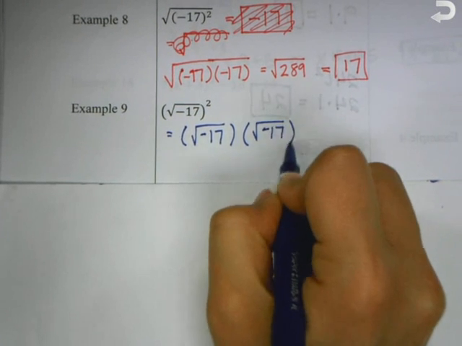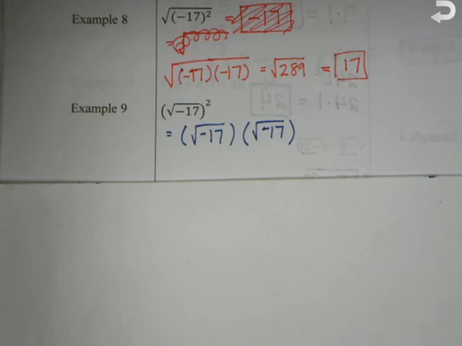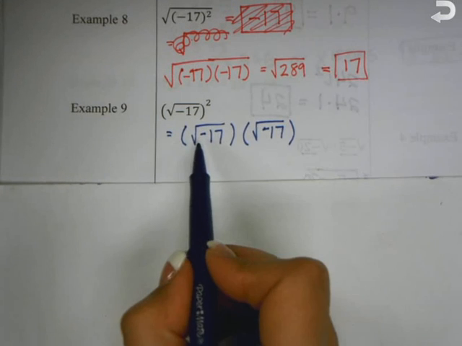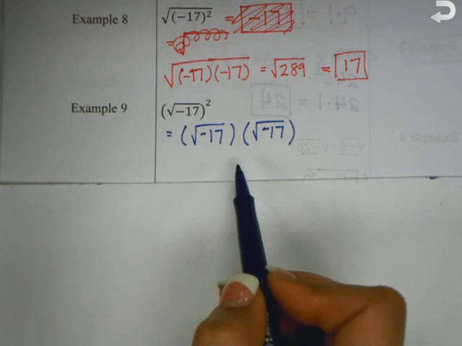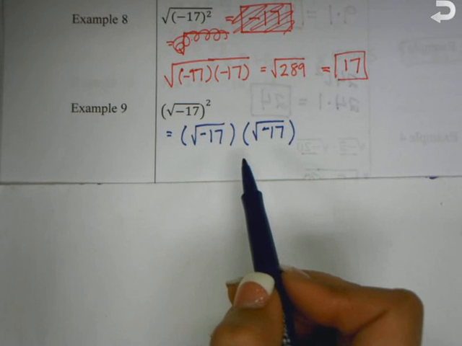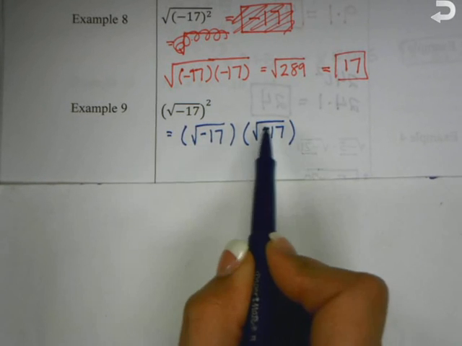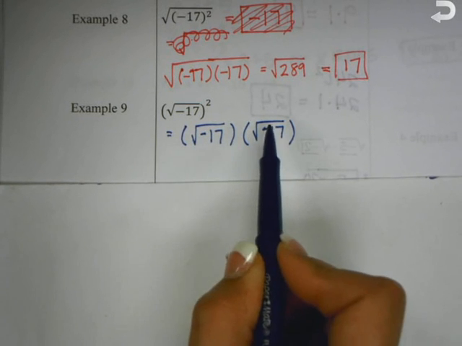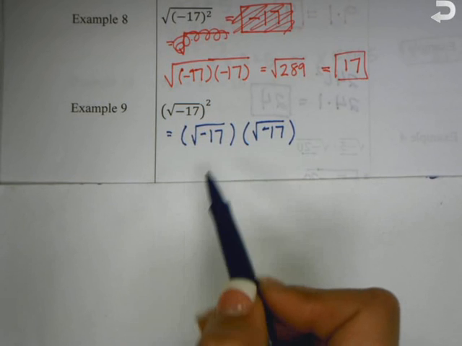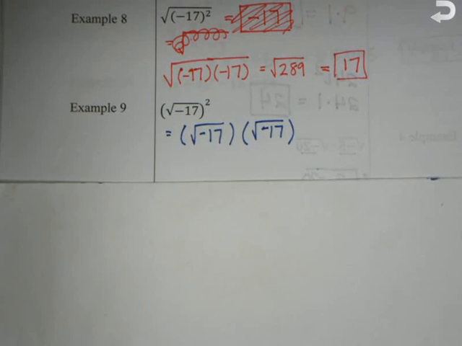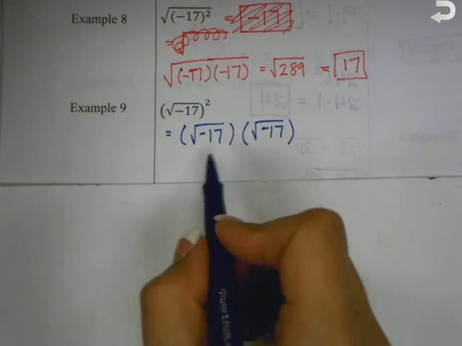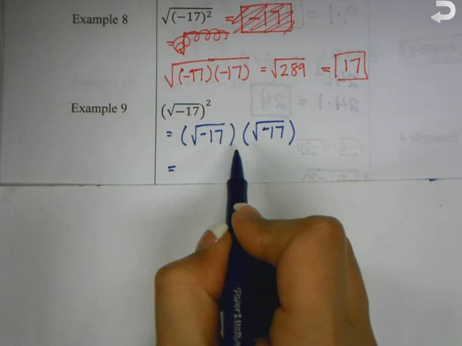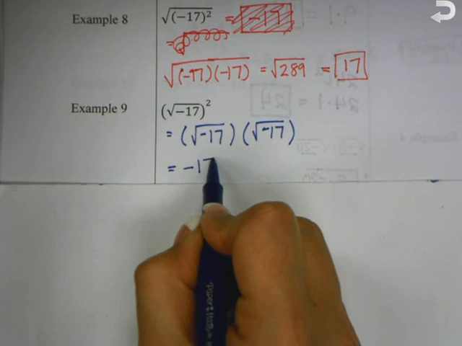Okay. Now, what is the square root of negative 17? That's an imaginary number, right? But when we are multiplying a square root times a square root, what happens? They cancel each other out. So what's on the inside of there? Negative 17. Negative 17. So where our parentheses are.